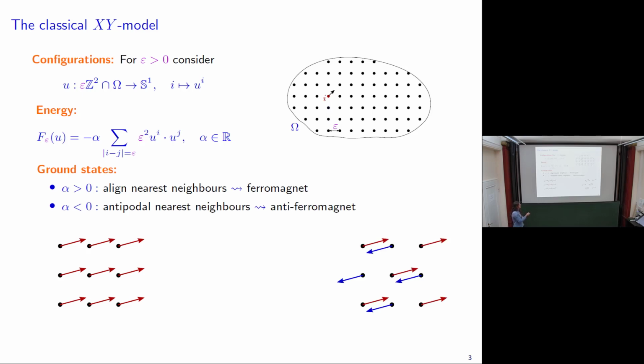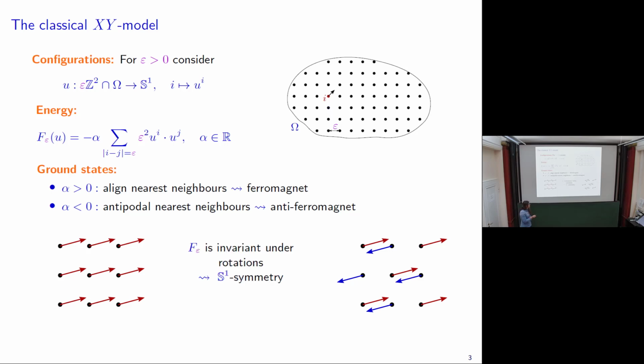If instead alpha is less than 0, you would like to make this scalar product as small as possible. So you want to put antipodal vectors on nearest neighbors, and we've already seen in the talk by Michele that you can really realize that on the square lattice. So you can minimize all the pairwise interactions to get a global minimizer.